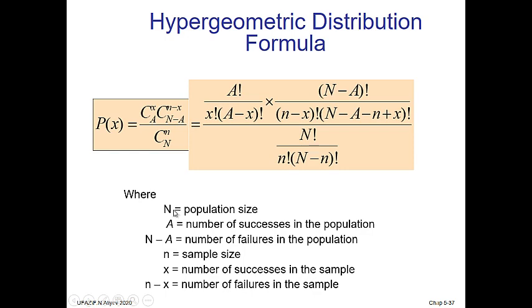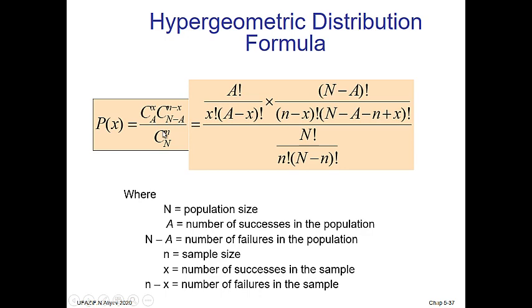So N is 20, A is 15, small letter n, which represents the sample size, is 7, and x is 2. You should know that you determine A only after x. That's all.